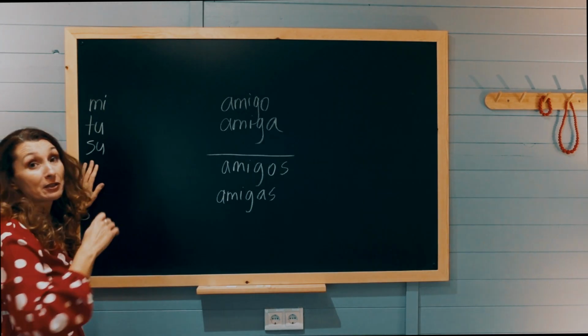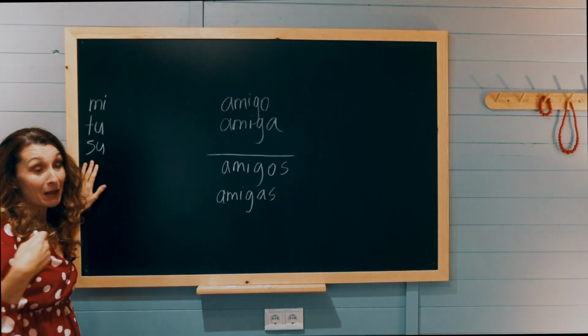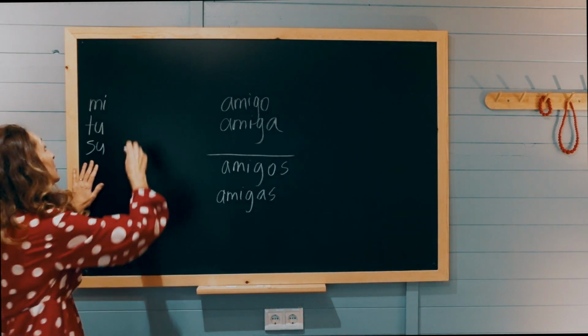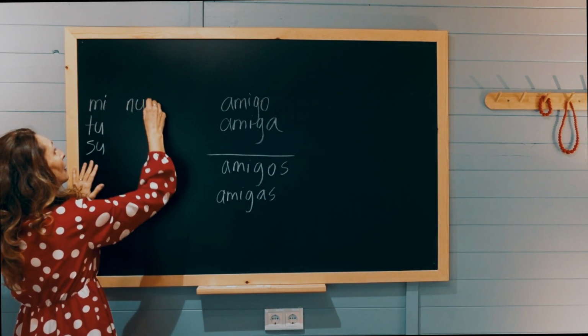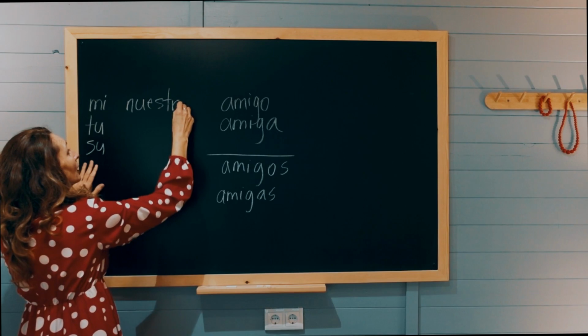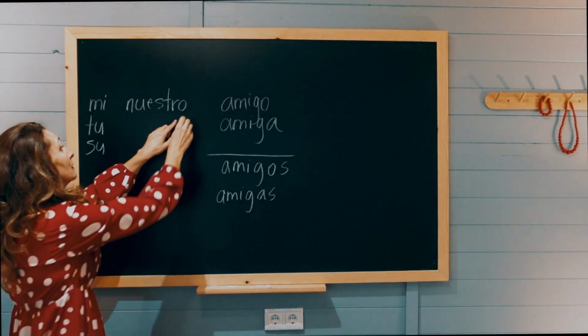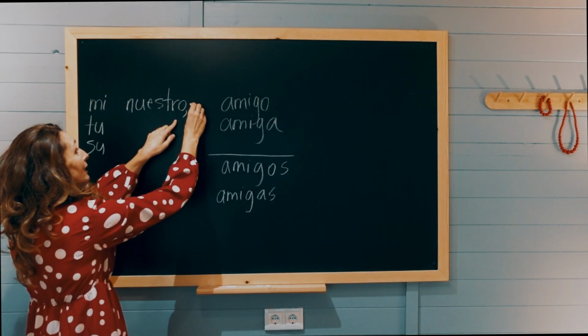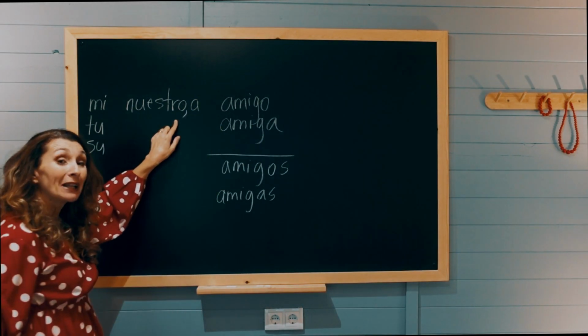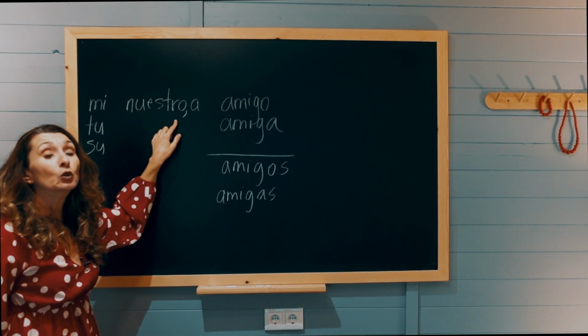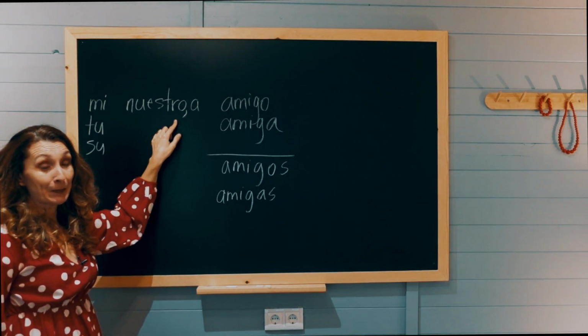Now, maybe this friend is not just my friend, maybe it's our friend, in which case we will say nuestro amigo, but if it's a girlfriend we are talking about, we will have a different ending here, nuestra amiga.